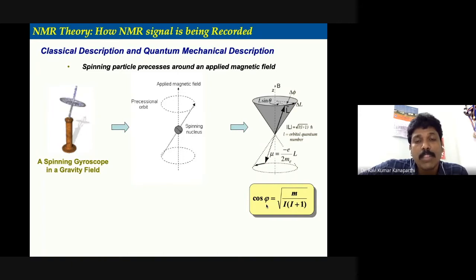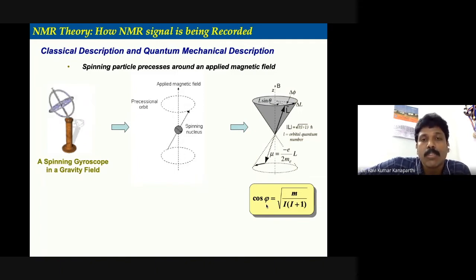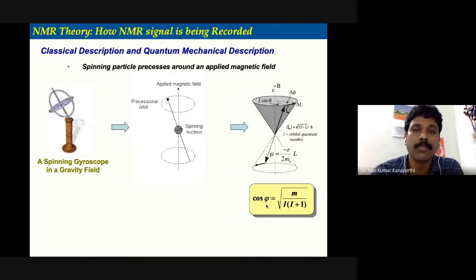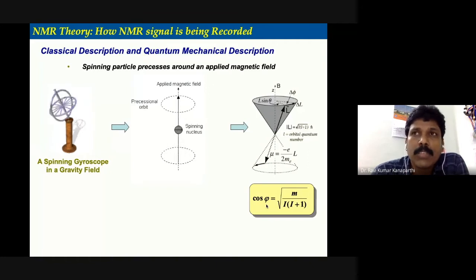But the moment you keep the magnetically active nuclei in the external magnetic field, the nuclear energy states split, depending upon the strength of the magnetic field. And γħB0 is the energy gap between the two energy states, if you are thinking about a spin-half nucleus, for example, proton or 19F and so on. If you are talking in terms of the nuclear energy states, then such a description is referred to as a quantum mechanical description, okay?